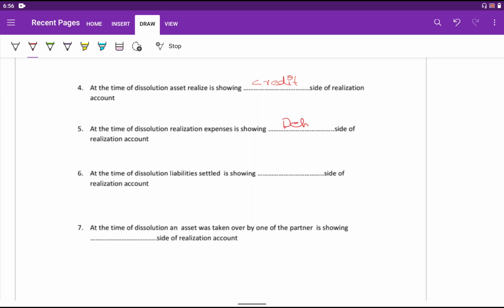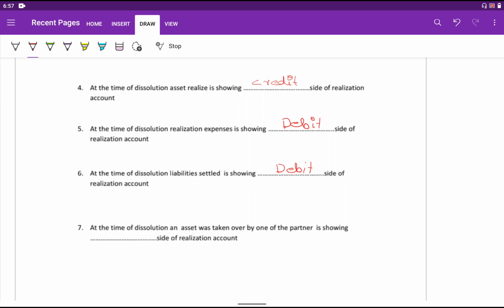Okay. So sixth one, at the time of dissolution, liability settled is shown on which side of realization account? Whatever liabilities we are settling, through which side? Debit side, right? Next one, at the time of dissolution, an asset taken over by one of the partners is shown on which side of realization account? That is credit side.